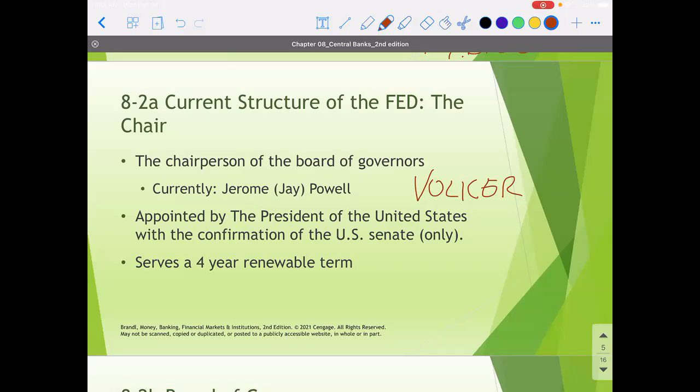Paul Volcker, 1979 to 1987. Then you've got 1988 to about 2005-ish, this is Greenspan.